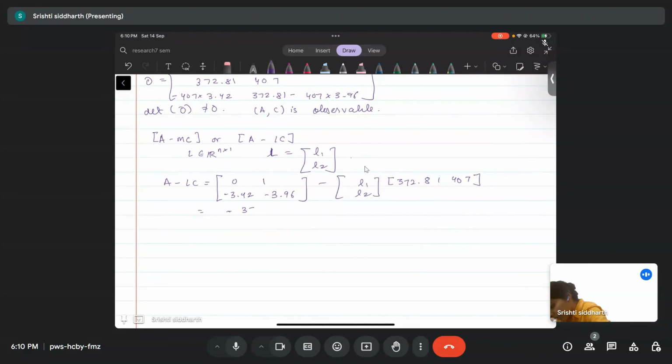So let's compute this. First one is simple, minus 372.81 L1, then 1 minus 407 L1, and then we have minus 3.42 minus 372.81 L2, and then we have minus 3.96 minus 407 L2.